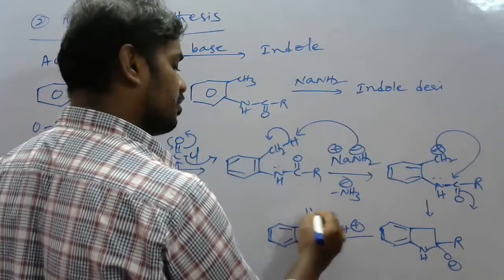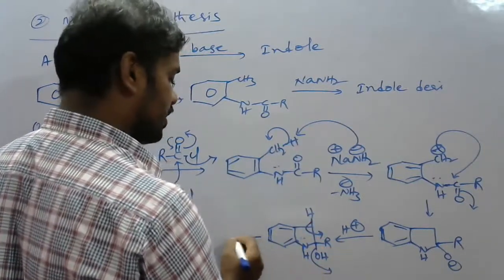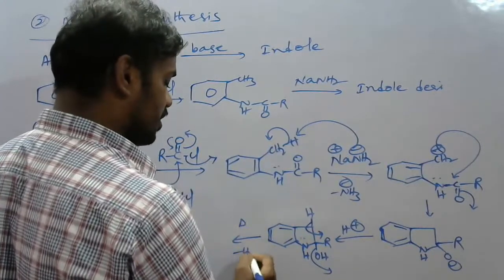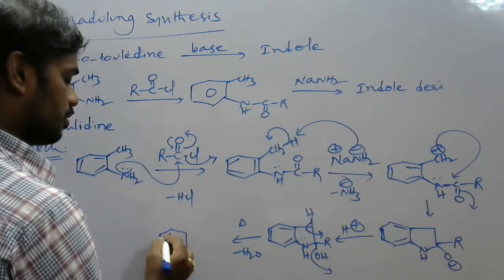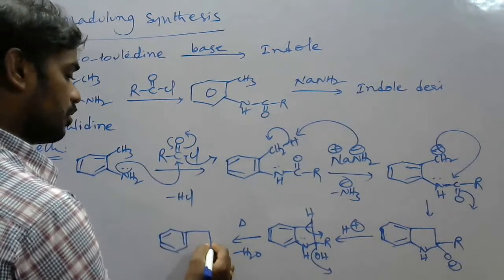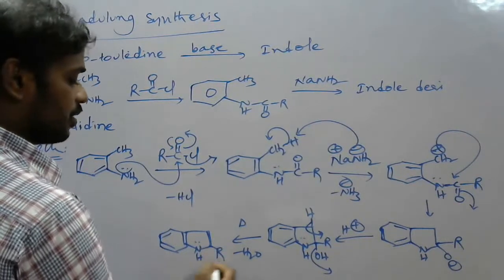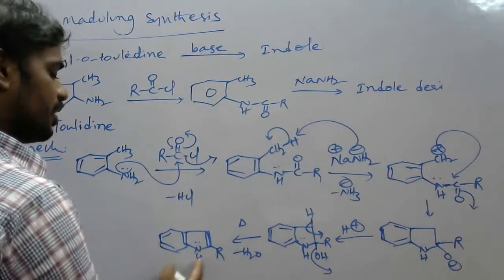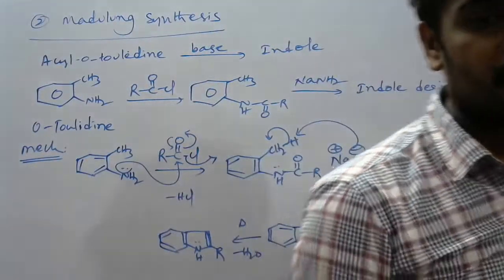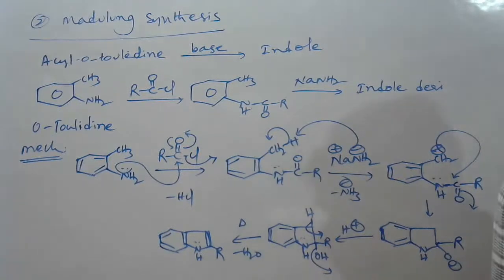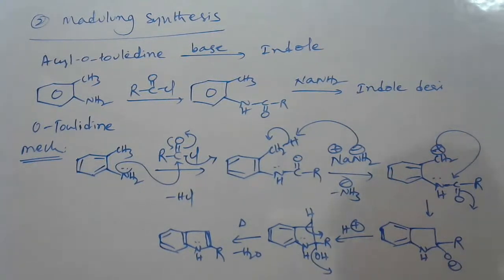This is unstable because of the sp3 carbon. Dehydration takes place upon heating, with loss of a water molecule, and then the desired product forms, which is a 2-alkyl indole. 2-alkyl indole is formed.